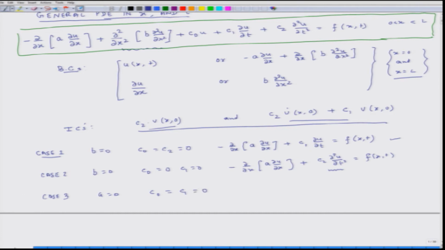So, then my overall governing differential equation is second derivative of B del 2u over del x square plus C2 del 2u over del t2 is equal to f of x and t. And this equation would represent vibrations of a beam because of this fourth order derivative in space.